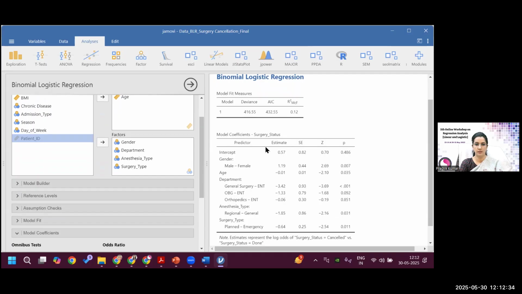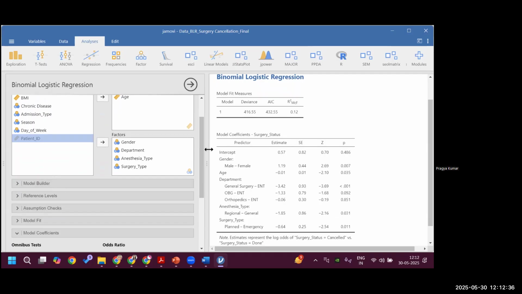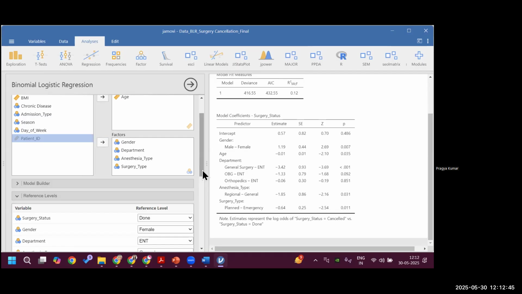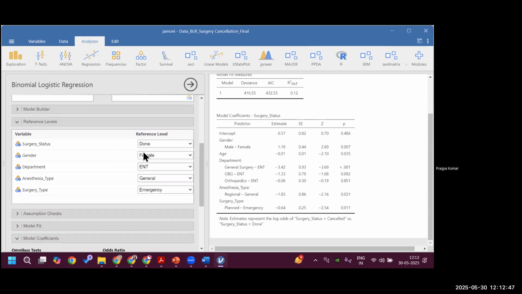Here I'm not using the hierarchical option the way we have seen in the linear regression. If you check the reference levels, surgery done is my reference because I have to see the surgery cancelled.